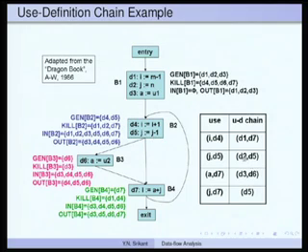So, both D2 and D5 are reachable to this use, whereas the same is not true for D4, because this D7 kills this D4. So, it is not possible for this D4 to travel all the way up to this point again. That is the reason why we have just D1 and then D7.